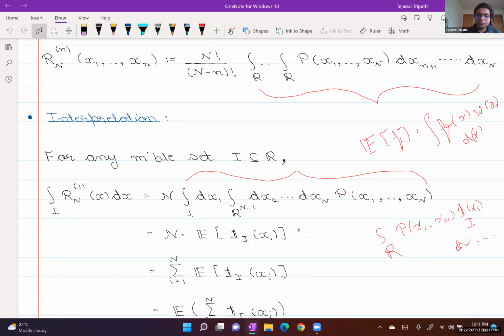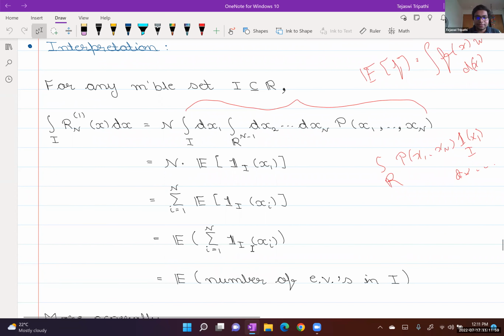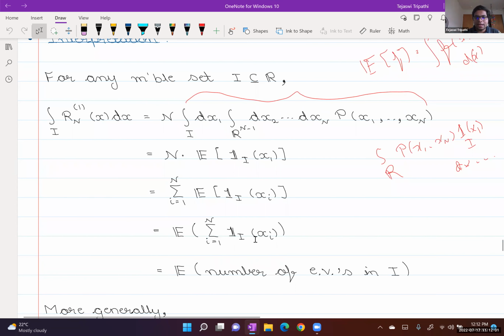Now another thing to observe is that this density function p is symmetric in x1, x2, ..., xn. So you can write this n times this as the summation over i from 1 to n of the expectation of 1_I(xi), because all of them are identical. Then you can take the summation inside, and this is nothing but the number of eigenvalues which lie in that interval.